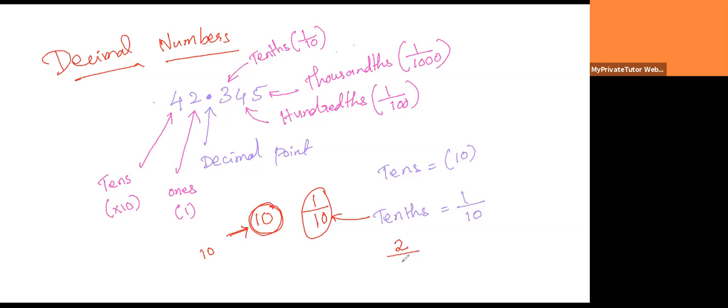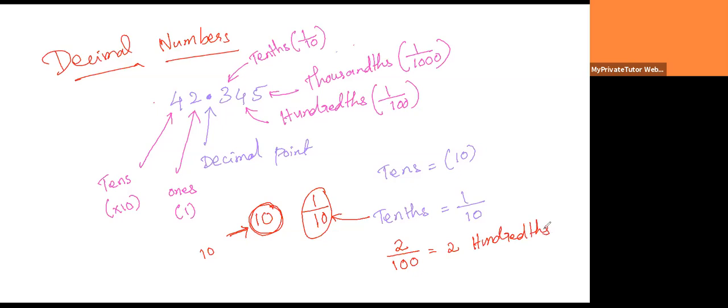For example, let's take one more example: 2 divided by 100, which is 2 out of 100. It's in the hundredths position. So that's the only thing.